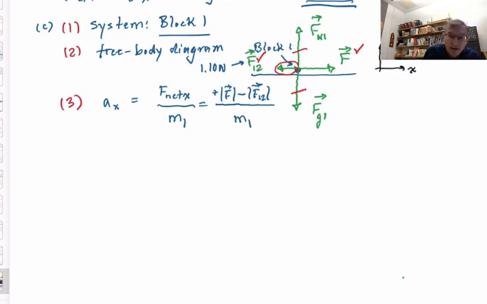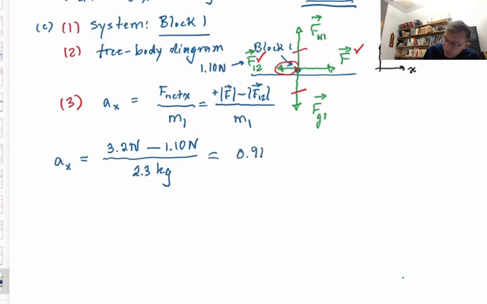So I know all the numbers on the right, so I just plug in. The magnitude of the applied force, 3.2 newtons, minus the magnitude of F12, which is the same as the magnitude of F21, 1.1 newtons. And the mass of block 1 is 2.3 kilograms. So you do that math on your calculator, and you get, now I'm going to do 3 sig figs, I get 0.913 meters per second squared.